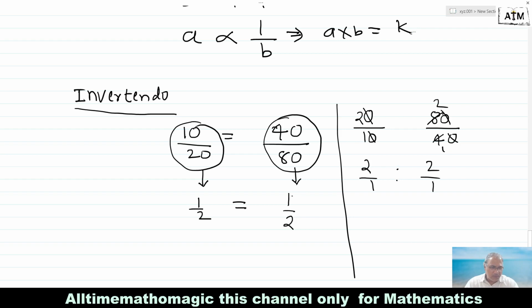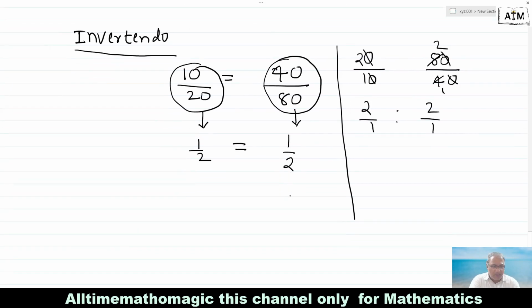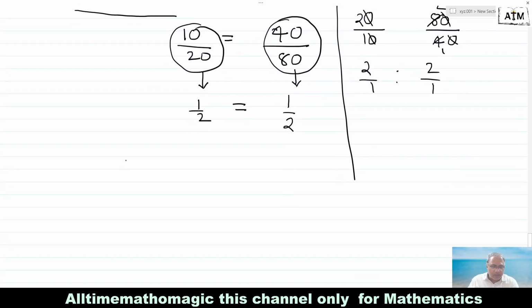That means if you are having two numbers, A upon B equals C upon D, and if you invert them, that is B upon A, then B upon A must be equal to D upon C. So this way of writing proportion is nothing but called invertendo.